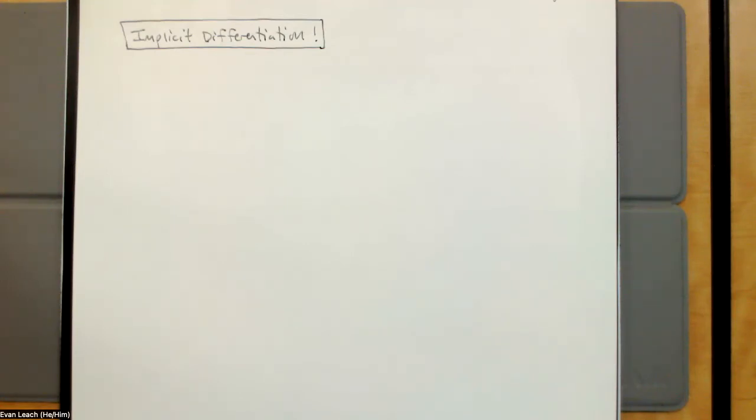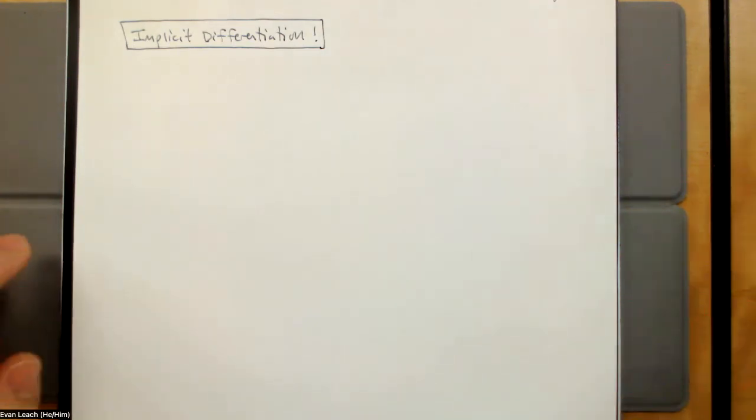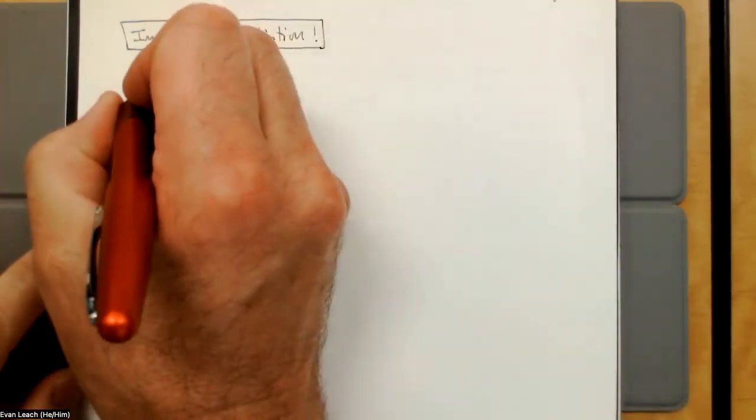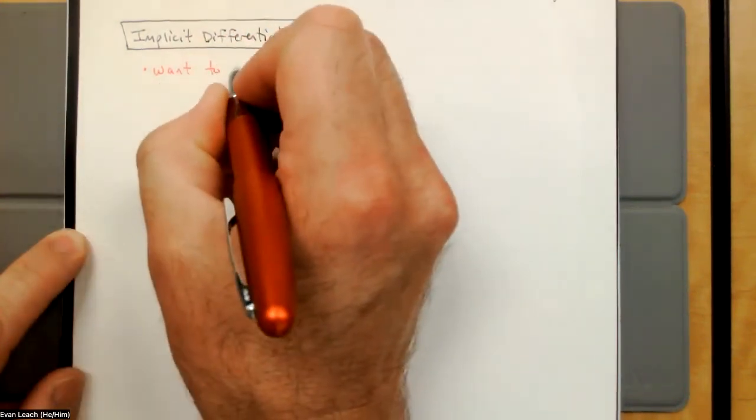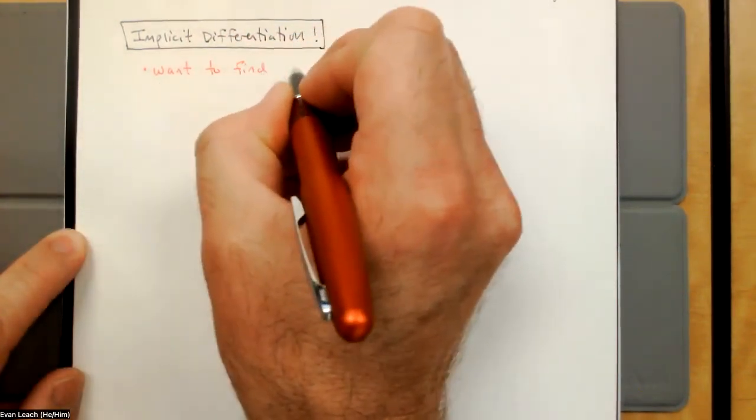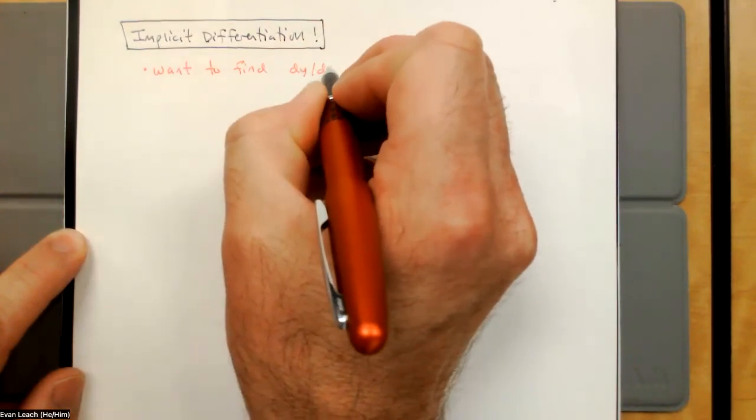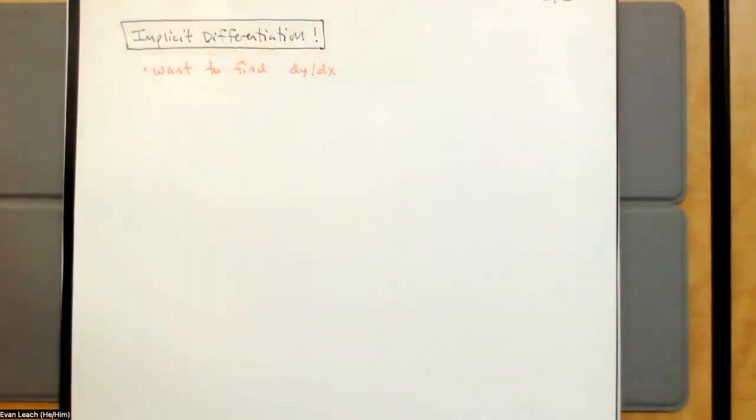Here's when y is related to x. And we want to find dy dx, but I can't write y as a function of x. That's what's going on here with this implicit differentiation. We want to find dy dx, the derivative of y with respect to x.